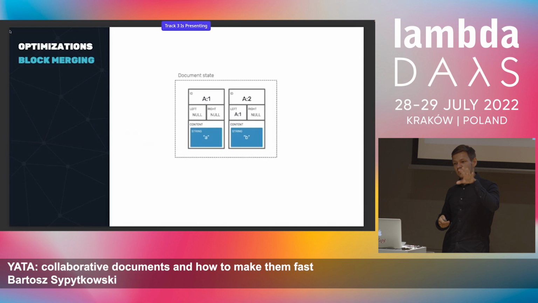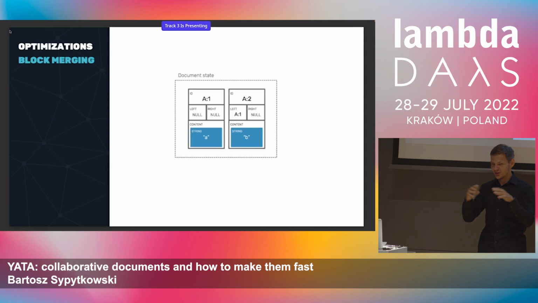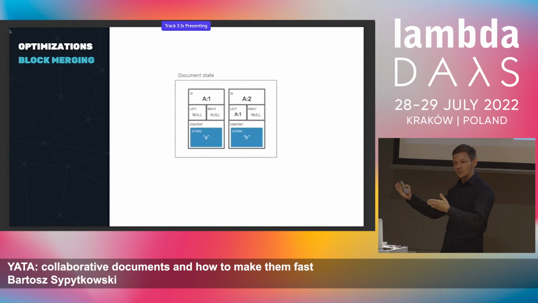If we take a look at these two blocks, if you are experienced enough in this notation, you can see that person A inserted character A, then character B right afterwards in a sequential manner. So honestly, this means that somebody just did two keystrokes without anyone else interfering.